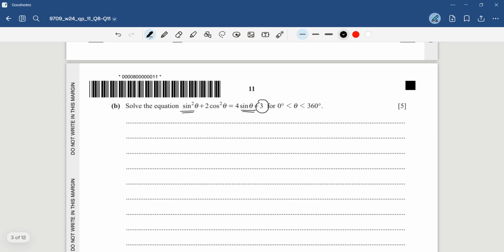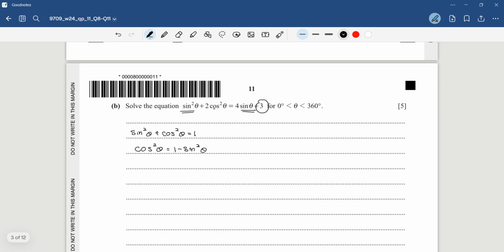So we are going to convert cos into sine using sine square theta plus cos square theta equals 1, so cos square theta equals 1 minus sine square theta.